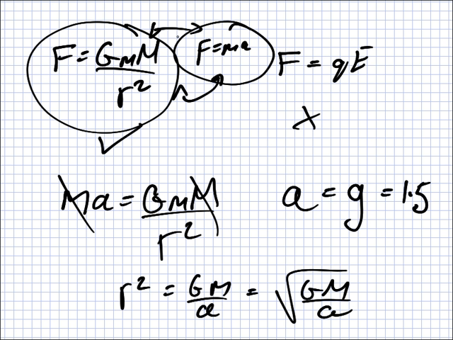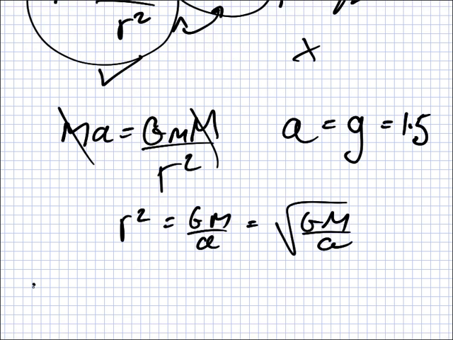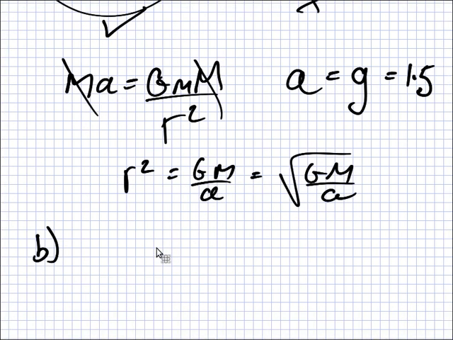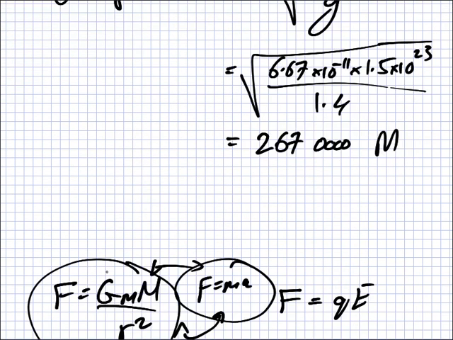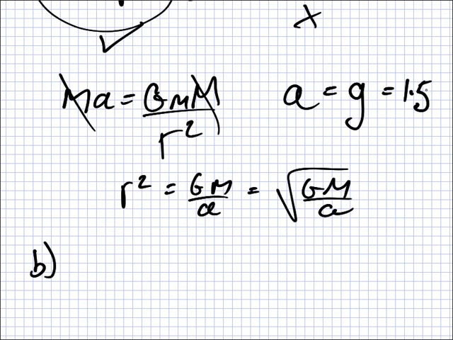Let me see. Matt, how did you get on with the first part? Okay, that looks okay. So what's the B part here then? State the acceleration of an object at the surface of the moon. Oh, I said 1.5. It's 1.4, sorry, Kim, 1.4. And the answer is 1.4. It's the same.